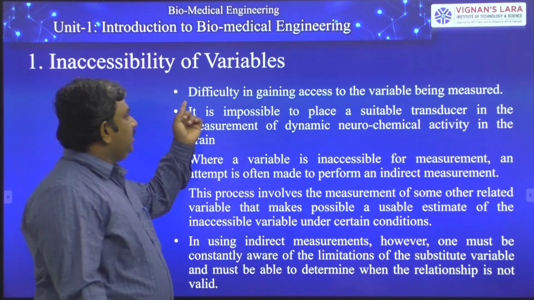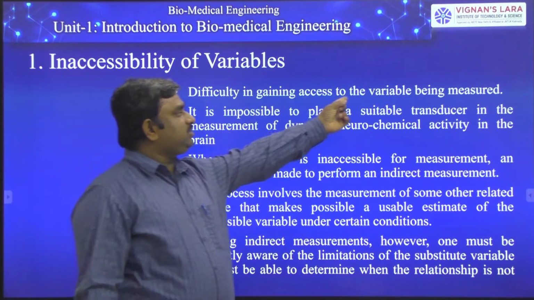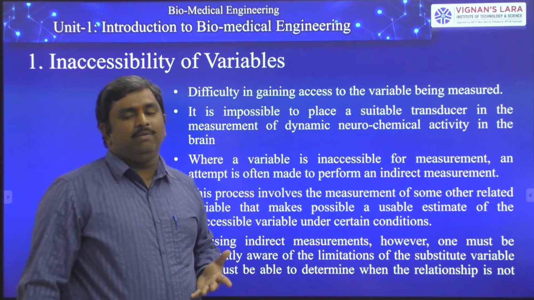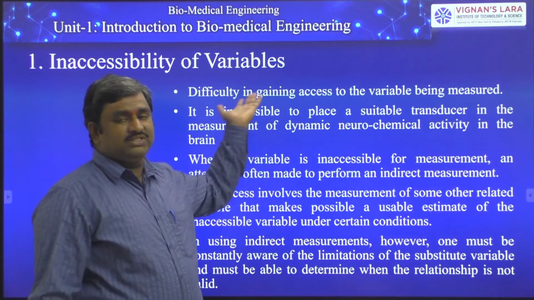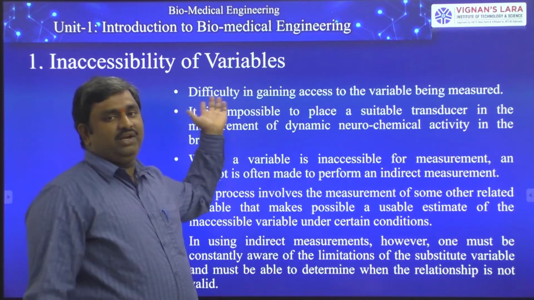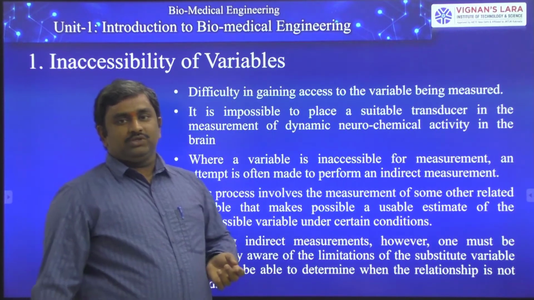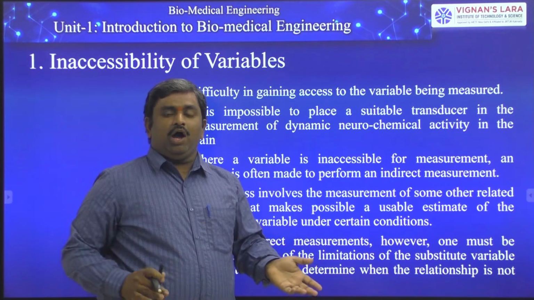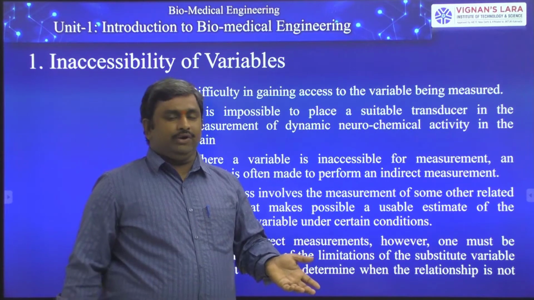So let us see. Difficulty in gaining access to the variable being measured. So some of the variables are not available from the body. Some of the variables are available, but it is very difficult to identify. So for the itching, the solution is just rubbing the place. Automatically your itching is going to be reduced.